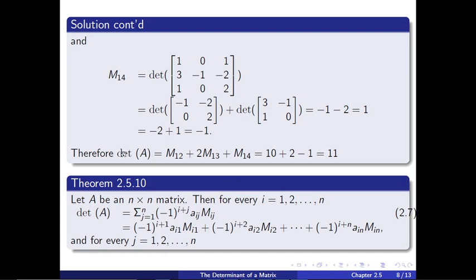So basically what we have is the determinant of A is equal to M12 plus 2 times M13 plus M14, and we know all these values, and the determinant is 11, right? So we managed to find the determinant of the matrix.